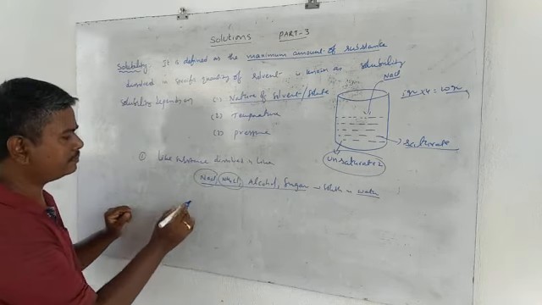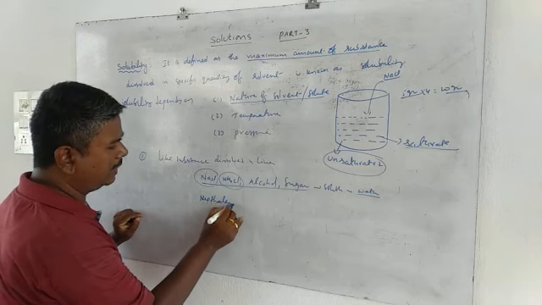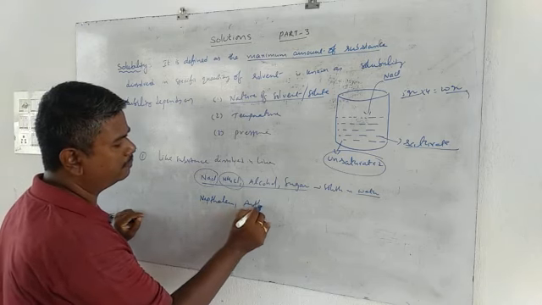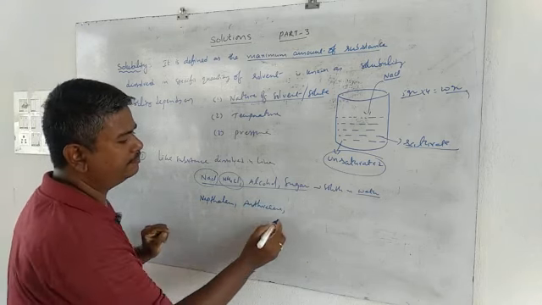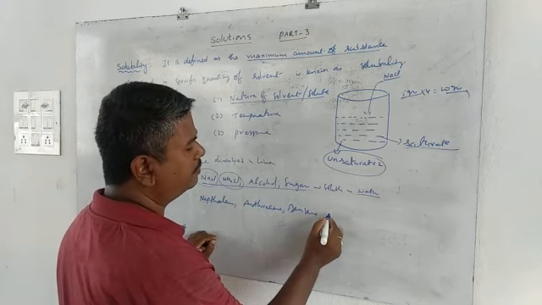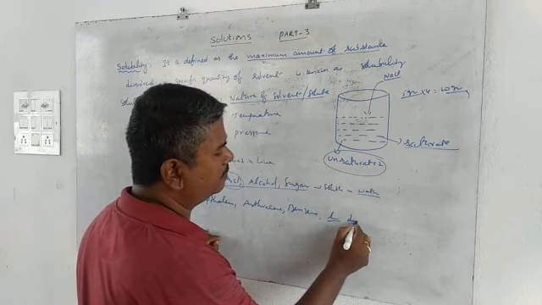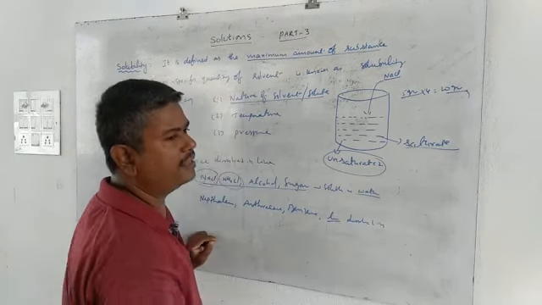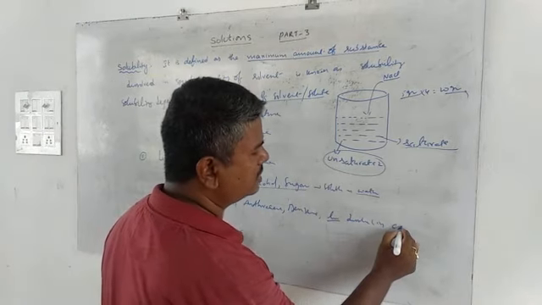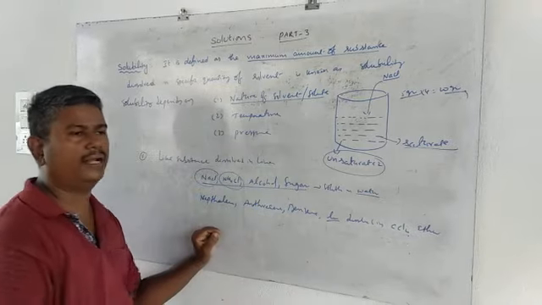Whereas naphthalene, anthracene and benzene-like substances are dissolved in CCl4, ether, such organic solvents.